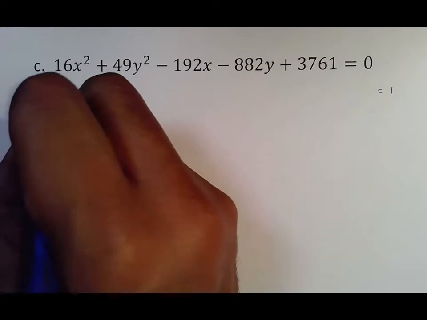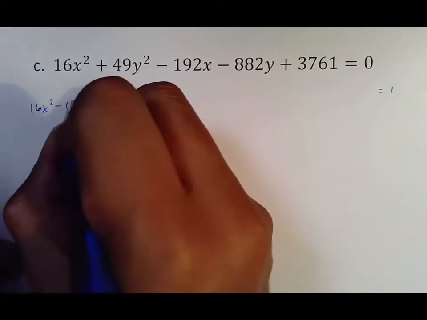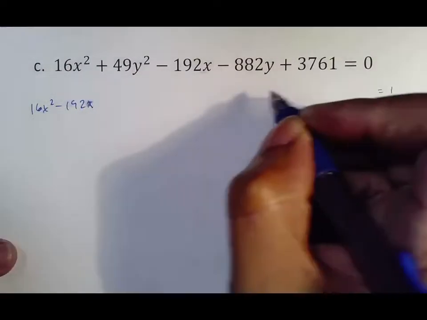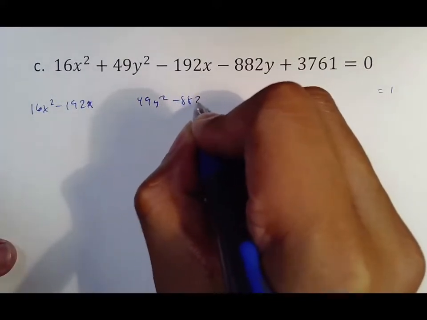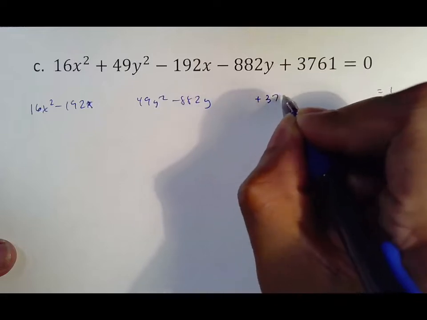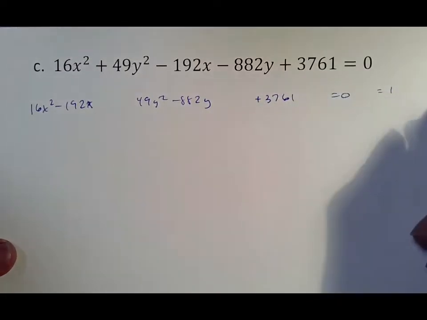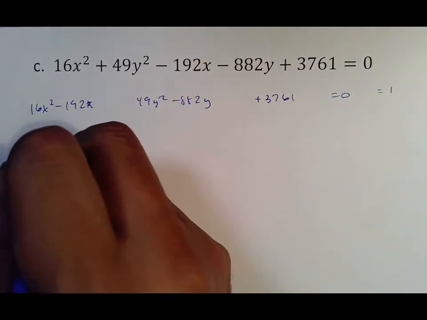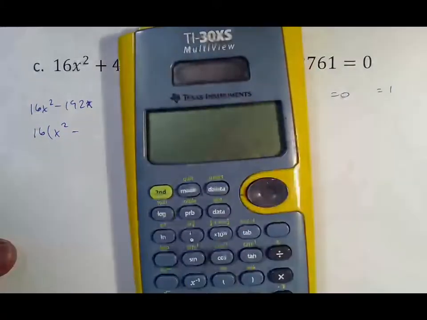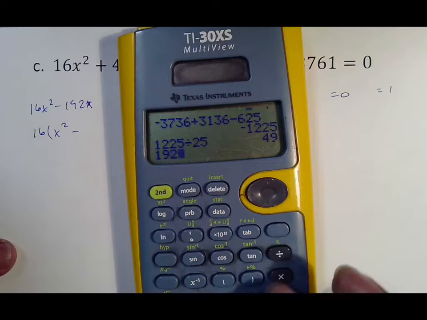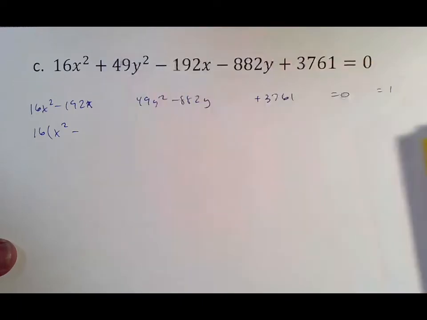So I'm going to set this up: 16x squared minus 192x, plus 49y squared minus 882y plus 3761 equals 0. I still have work to do, so I'm going to factor off my 16, giving me 12.